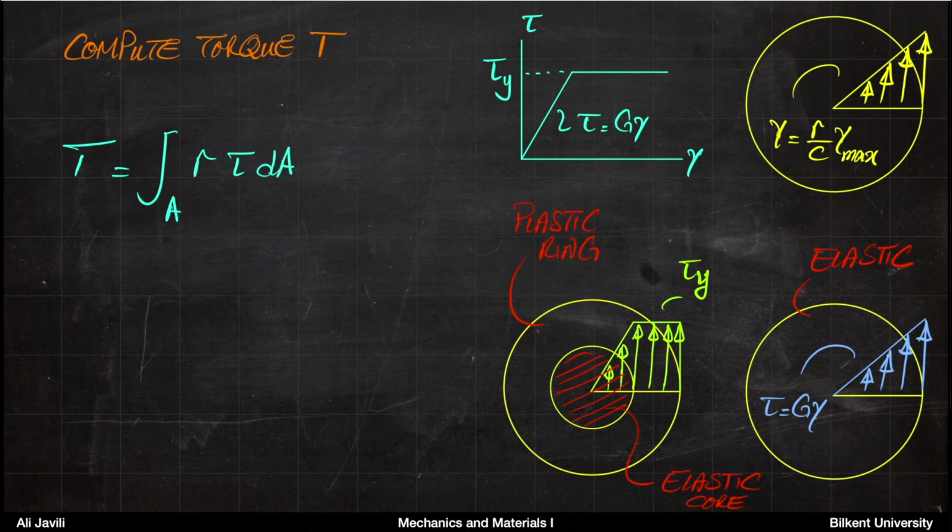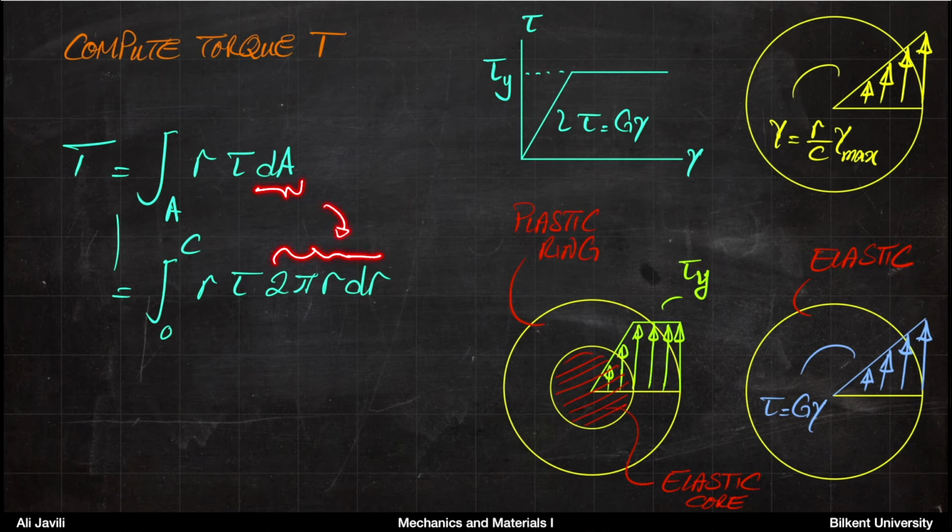We begin with the common formula that we had for the torque previously. Torque is the integral of distance times force, dF, and dF is shear stress times dA. dA itself is 2 pi r dr. So if you write the previous relation in terms of r, instead of integrating over A, you integrate from 0 to c, where c is the external or maximum radius.